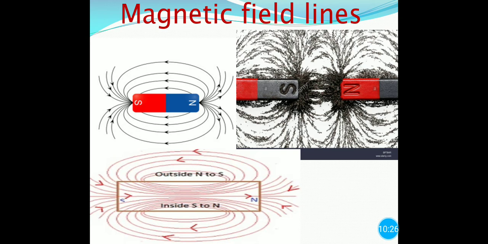This shows the magnetic field is strong at the poles of the magnet. So that's why maximum iron filings are attached to the poles of the magnet.